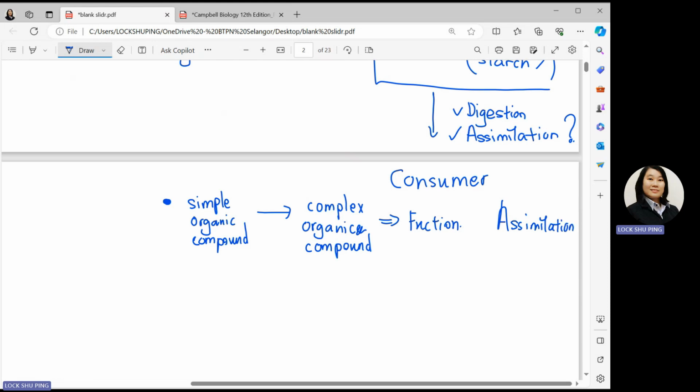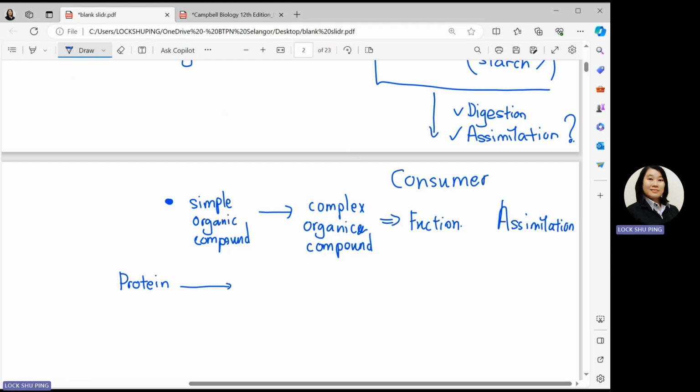Or if we use an example, it will be easier. When we eat something, for example meat, meat is actually a complex protein. So when we eat the egg or the meat, what will happen to the protein?